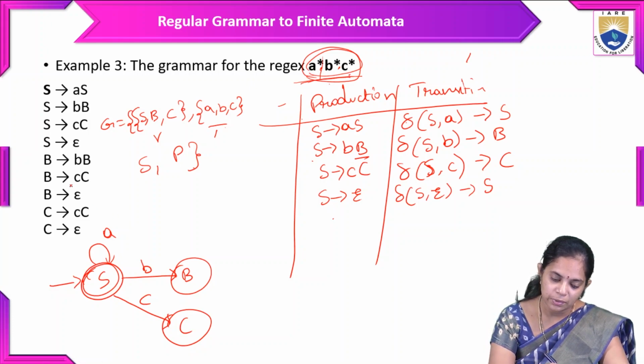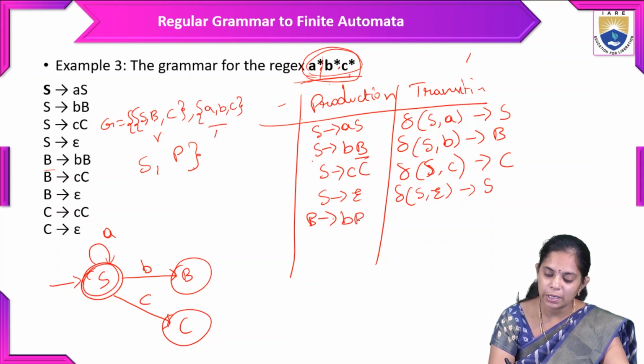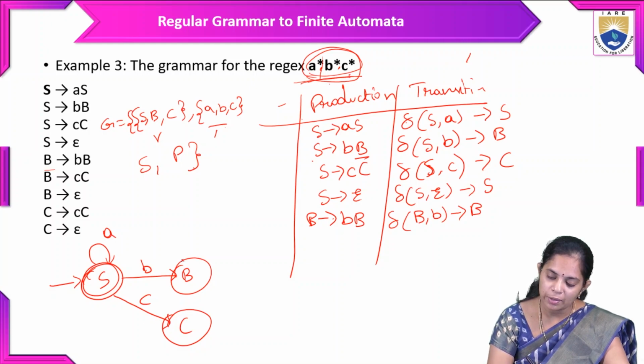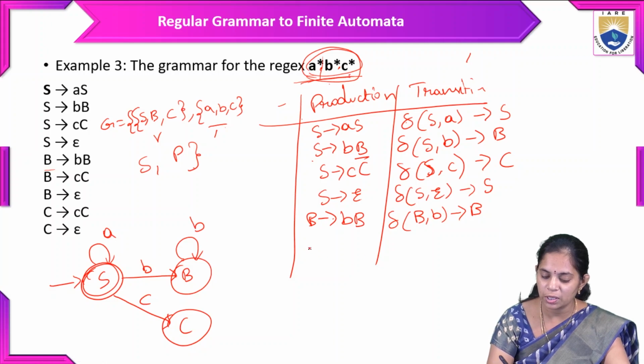And next, B tends to B, capital B: delta of B comma input symbol B, it reaches the same state.